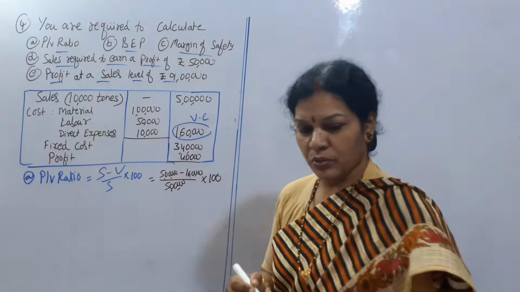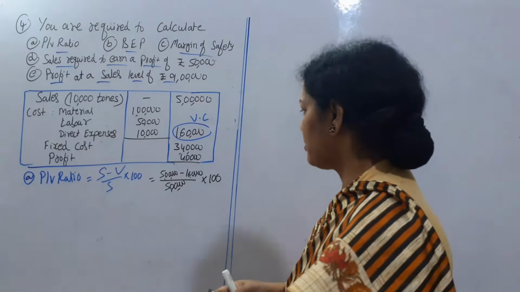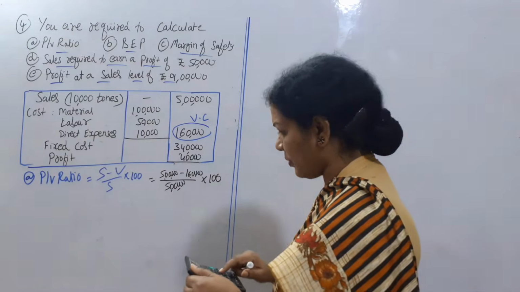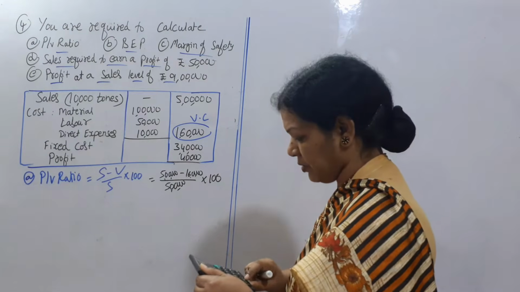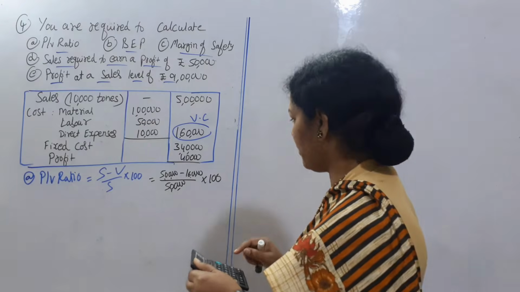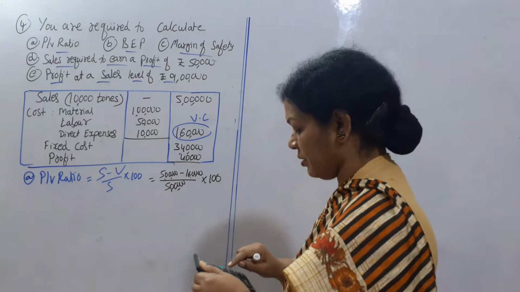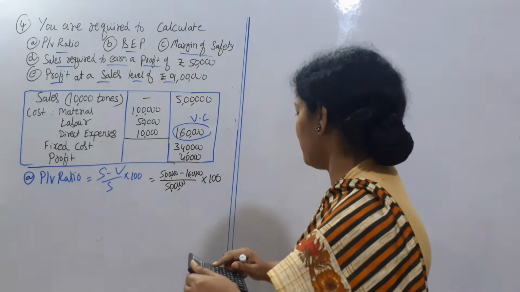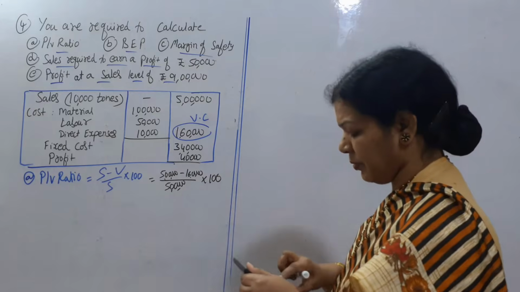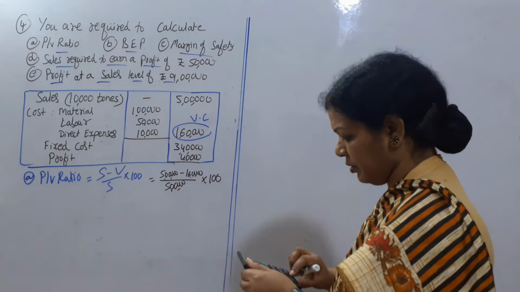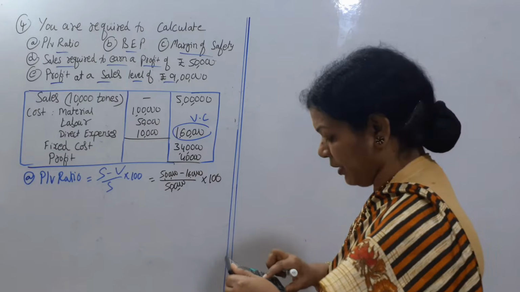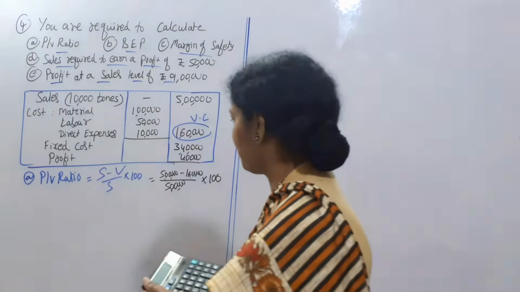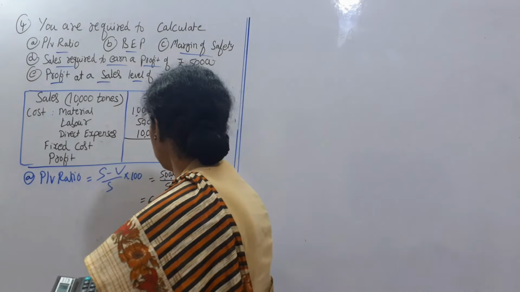Okay, so we'll put it on the calculator. 5,00,000 minus 1,60,000 is 3,40,000. 3,40,000 into 100 divided by 5 lakh. It is 68%. Oh, this is a very good percentage. PV ratio is 68%.